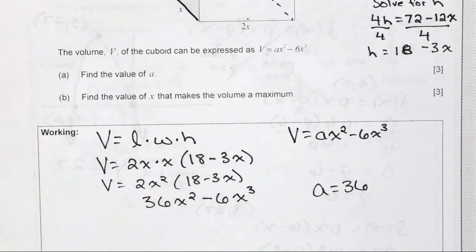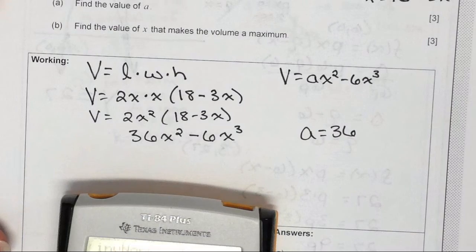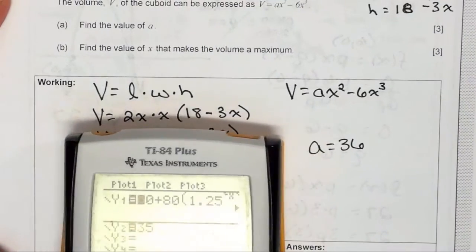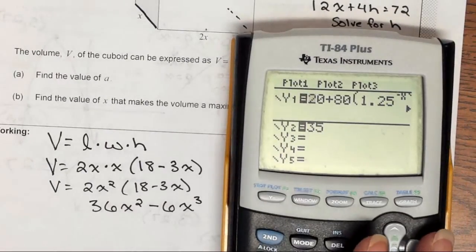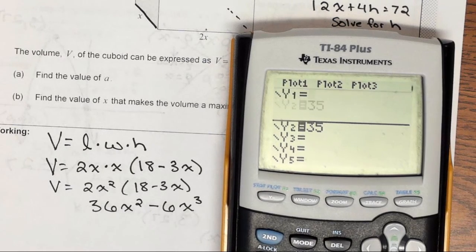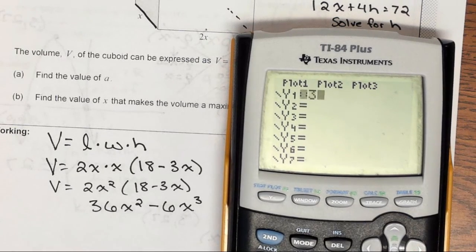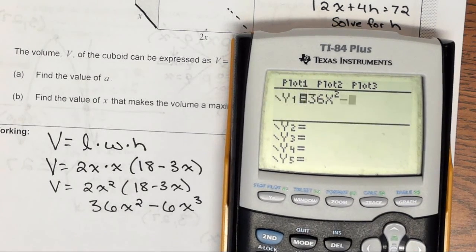There are several ways you could do part B. Could you sketch a graph on the calculator and find the maximum? I'm going to go over both ways. Y equals, clear, 36x squared minus 6x cubed.